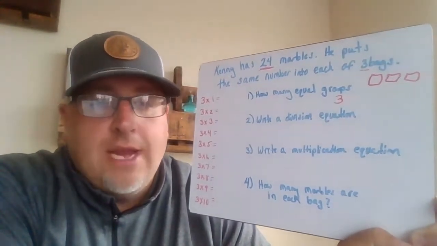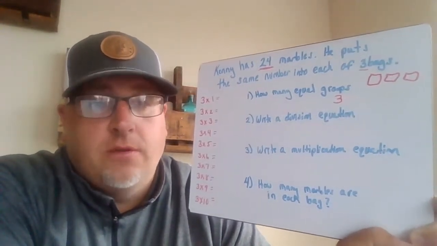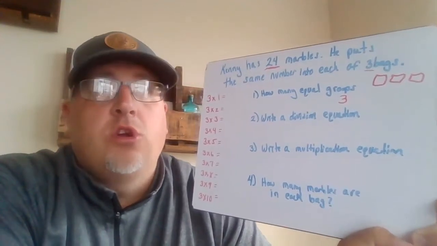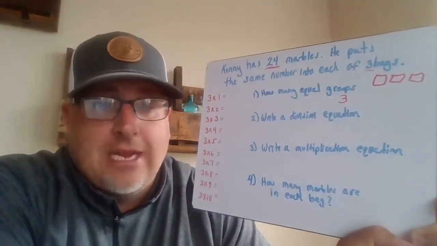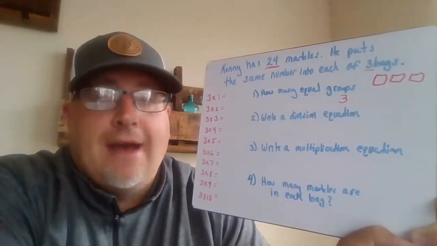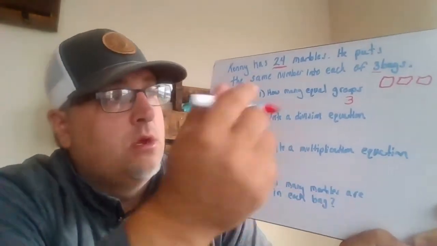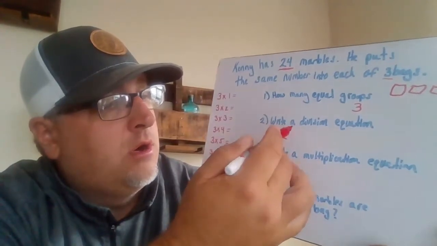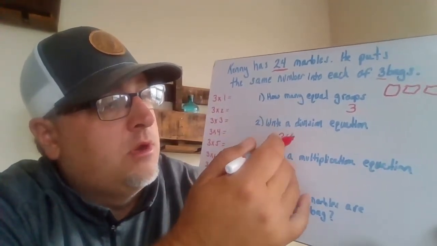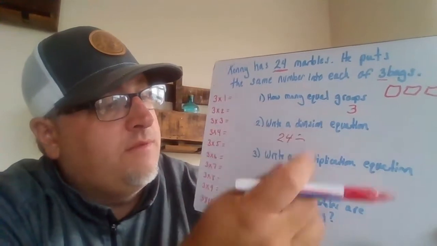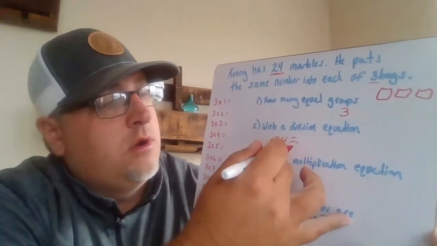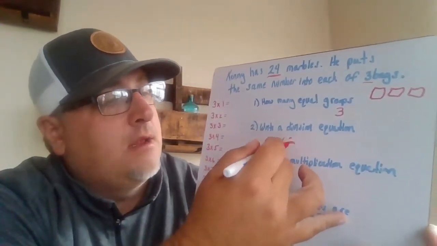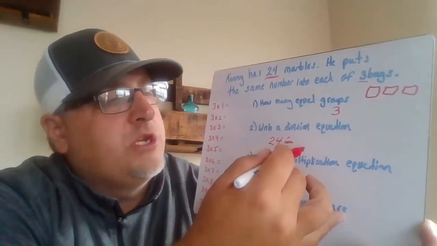Then it says write a division equation. Okay? So in order to write a division equation, we're going to take what we have, which is we know we have 24 marbles. 24 divided by, which we don't know yet.